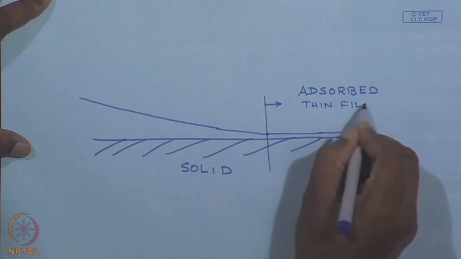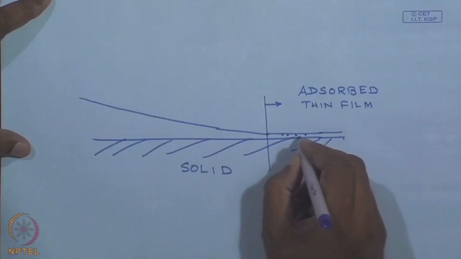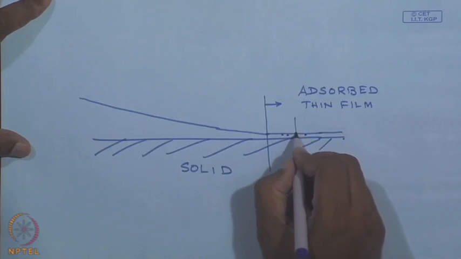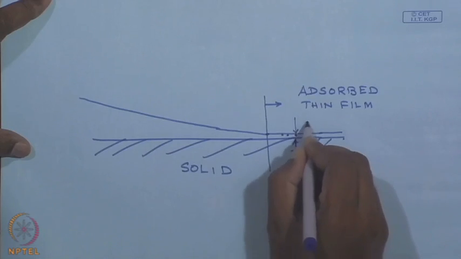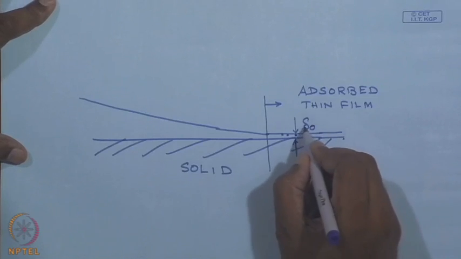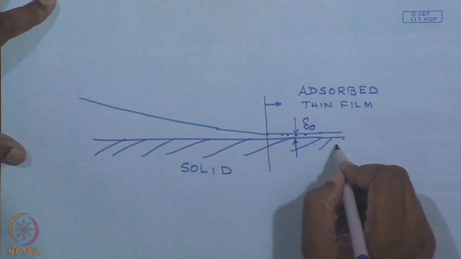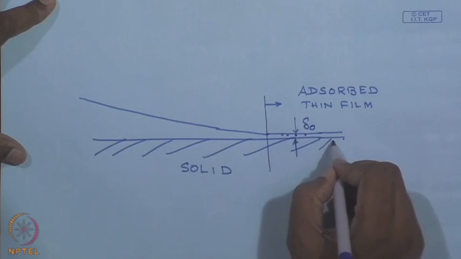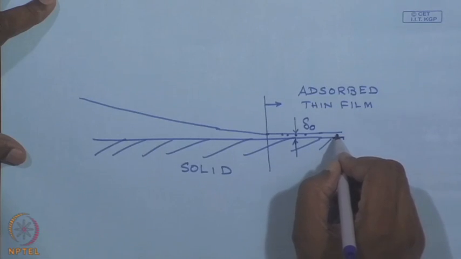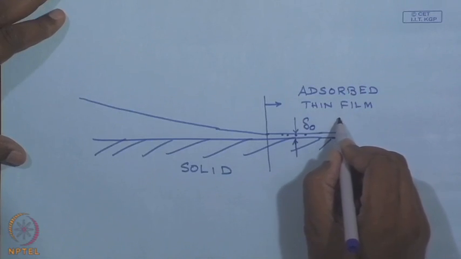In here, the molecules of the liquid are strongly bound to the solid surface due to intermolecular forces, and therefore no evaporation can take place from here. The thickness of the film is denoted by delta 0, the adsorbed film thickness, which depends on the liquid-solid combination and the temperatures of the solid and the liquid. So, in this region where an adsorbed thin film exists, there can be no evaporation.